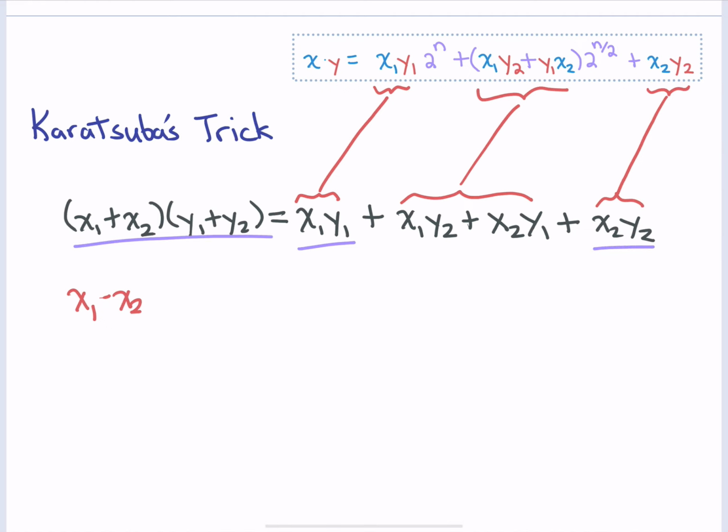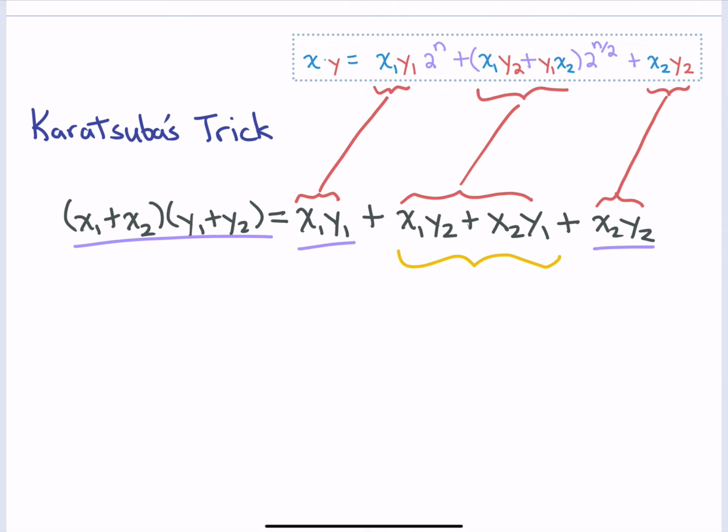This is probably similar to what you had in mind, but let's look at these. Suppose I multiply those 3 things. Right now I'm just multiplying 3 roughly n over 2 bit numbers. The one on the left might have n over 2 plus 1 bits, but that's not a big deal. How can I now use that to recover the middle term I'm missing?